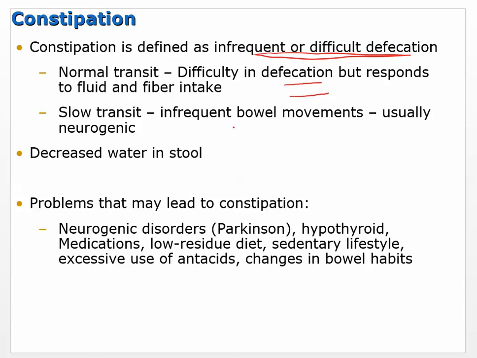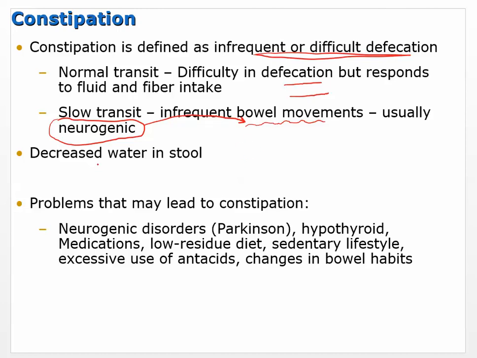Slow transit could be caused by a lack of muscle activation. So the peristalsis doesn't happen the way it's supposed to, and that's going to mean infrequent bowel movements. Things are going to get backed up, and it makes sense that it could also be neurogenic because of this effect on peristalsis, on motility, so moving things through.